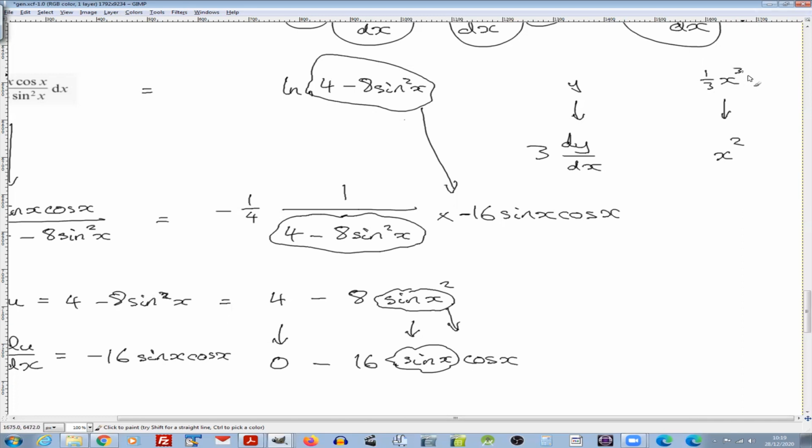Yes, it is. But what about 3x squared? What would that be the other way? It would be just x cubed, because it would be 3 times the integral.